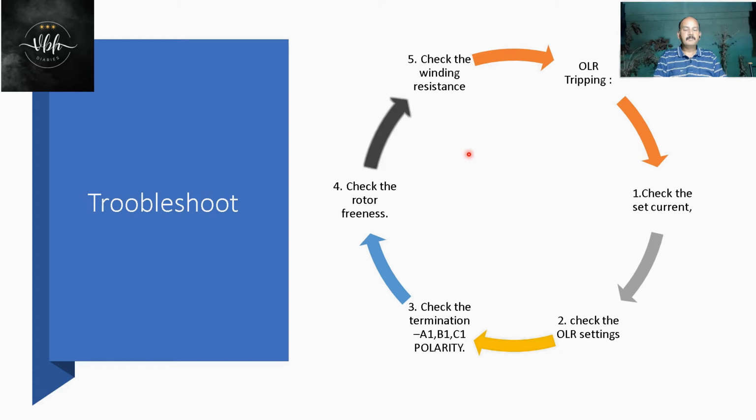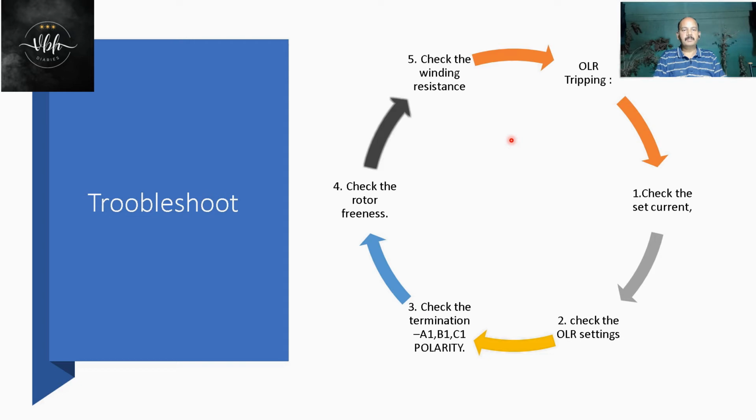And check the winding resistance, whether the winding is proper. Sometimes what happens, old motors are installed that may have been in the godown, and some water or moisture may have entered inside the motor. As soon as we switch on, because of the internal short, the OLR may see the short current and peak current at that time, and it may trip.